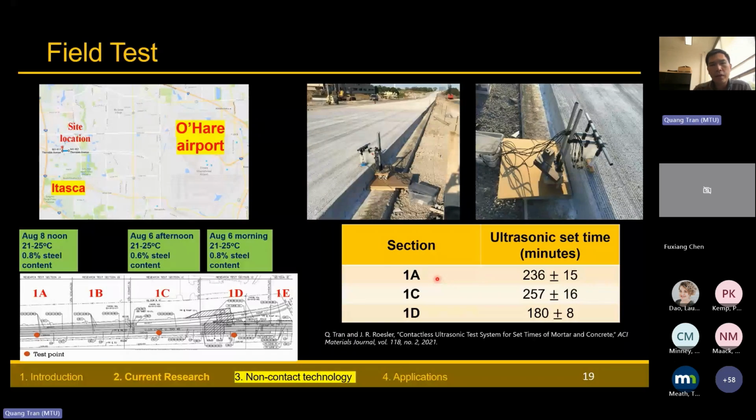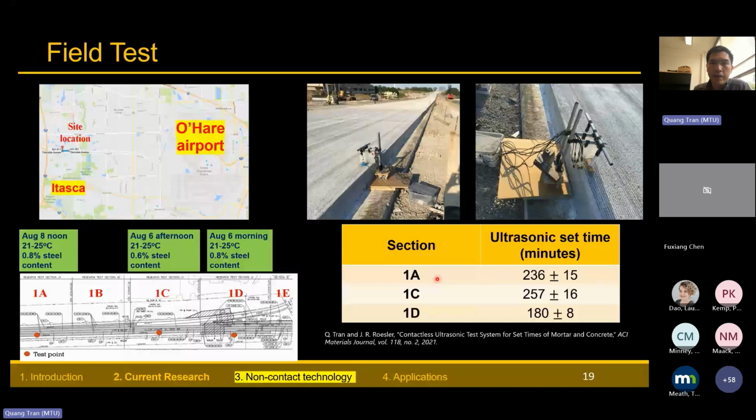The key point here is that those sections were cast at different times of the day, and on different days as well. What it means is the set time of each section can vary, because the temperature, the humidity, and also the moisture of the environment can affect the set time.